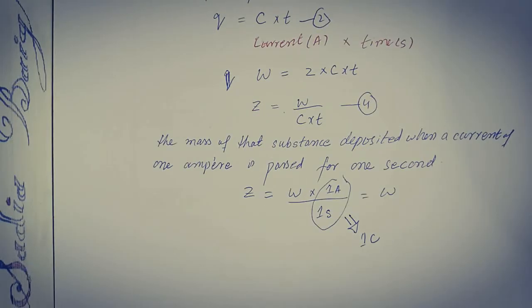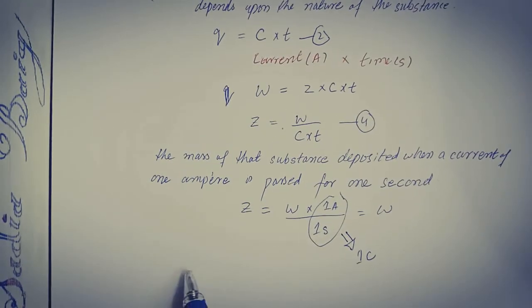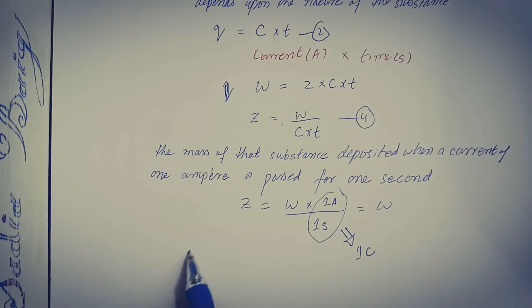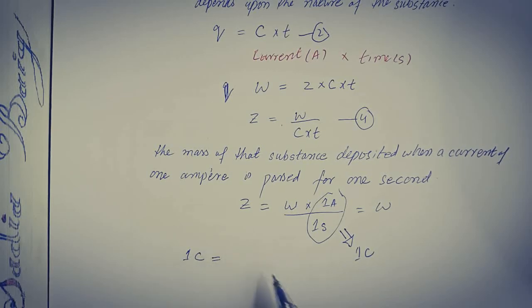Now let's discuss the different units that have been used in the first law of electrolysis given by Faraday. So here coulomb is a unit of electricity, and 1 coulomb is actually equal to 1 ampere into 1 second.